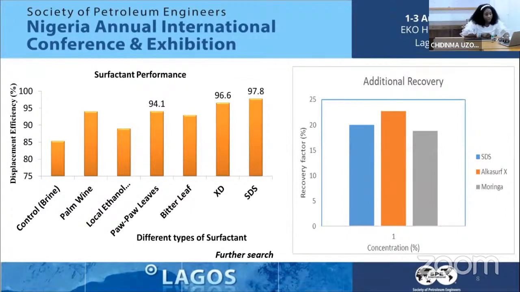So this called for further research, and the extract from organic oil was tested. As they were tested, they actually got the microemulsion type 3 that is needed for a successful surfactant flooding. And we also carried out a comparative test with that of synthetic surfactant, and its result was quite encouraging.